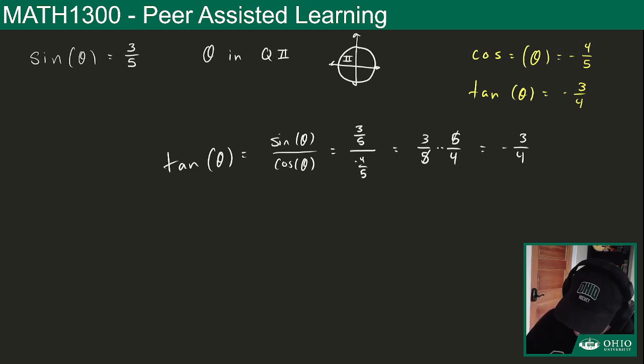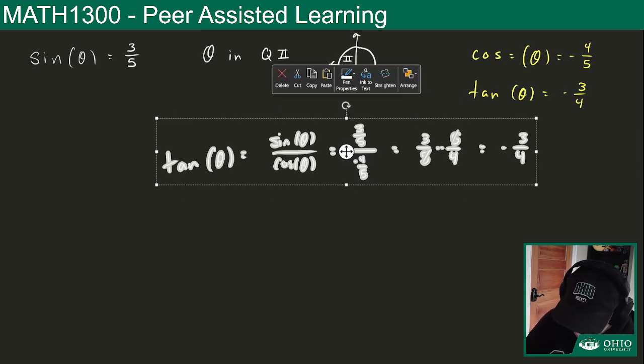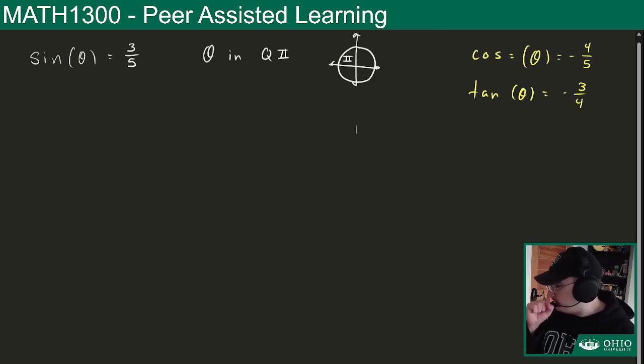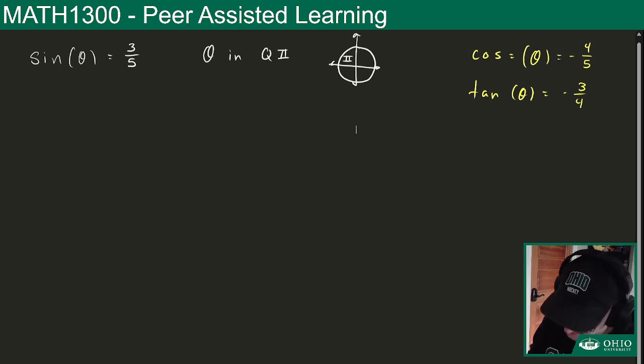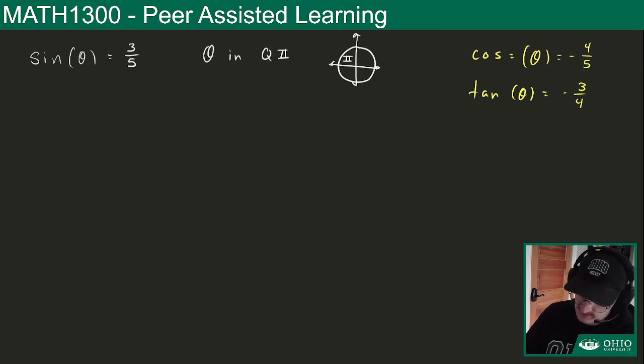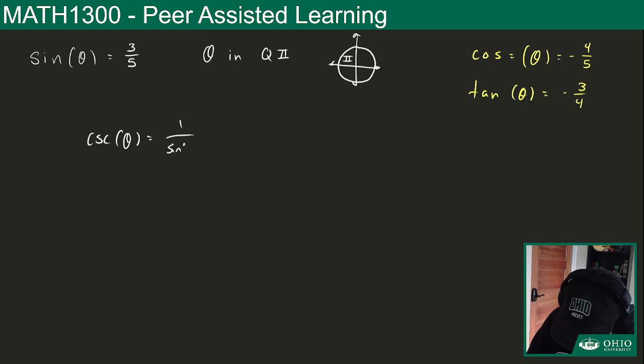After this, I'm going to erase this scratch work again. Sorry, I'm a bit under the weather. Okay, the rest of the trig functions are somewhat straightforward, right? We know that cosecant is 1 over sine.